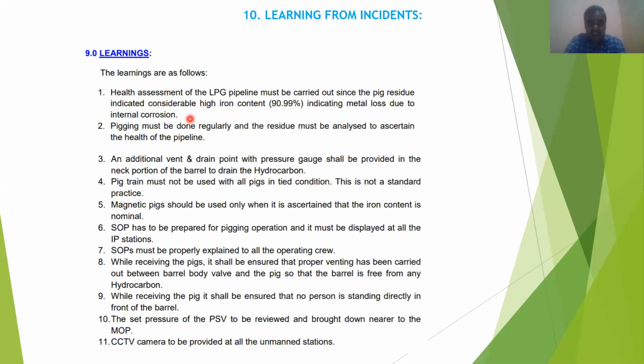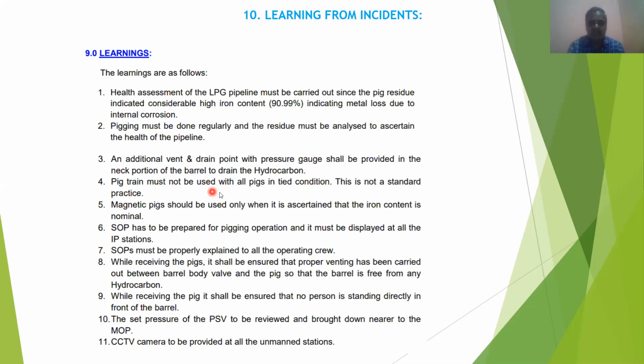Nobody can see it from outside. Pigging must be done regularly and the residue must be analyzed to ascertain the health of pipelines. An additional vent and drain point with pressure gauge shall be provided in the neck portion of the barrel to drain the hydrocarbon. That is most important.